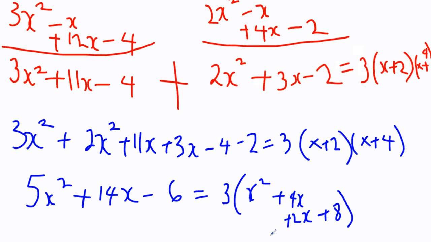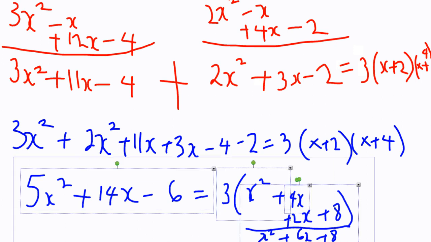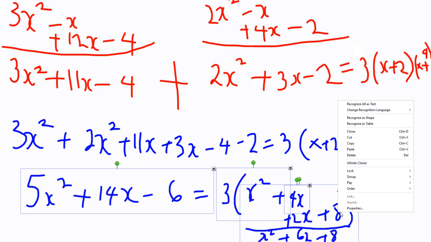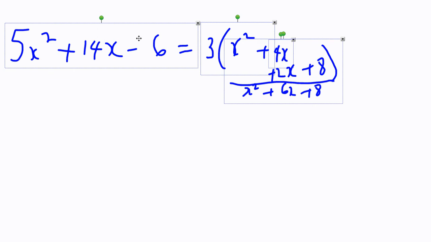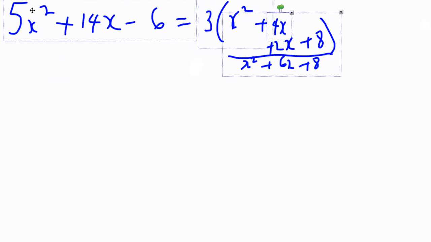Of course, the whole bit inside the bracket becomes x squared plus 6x plus 8. Alright? So now that we know that's where we are, I'm going to select just the part we really need, copy that part, go to a new slide, and put it there. Okay, so this is the last part we had.